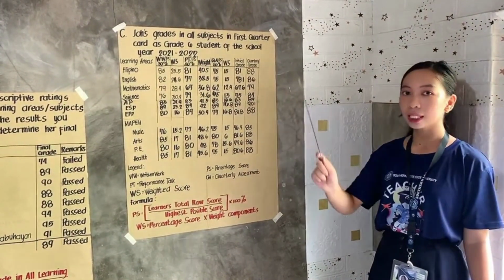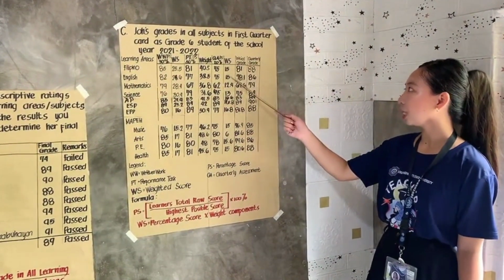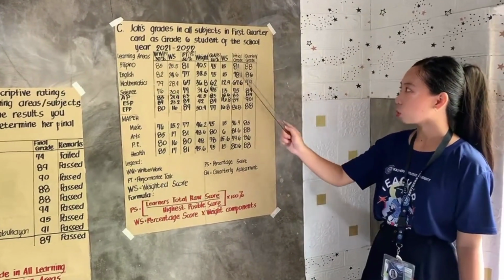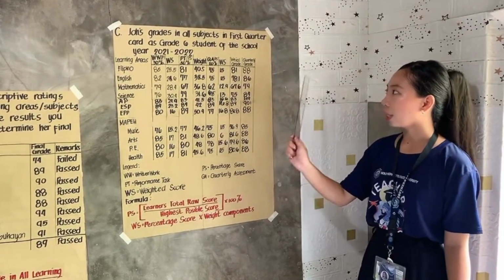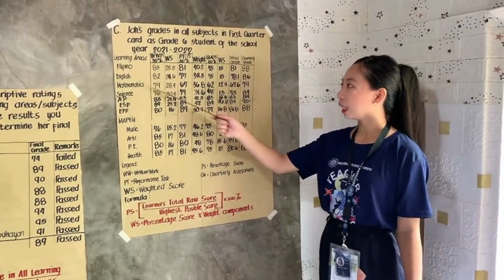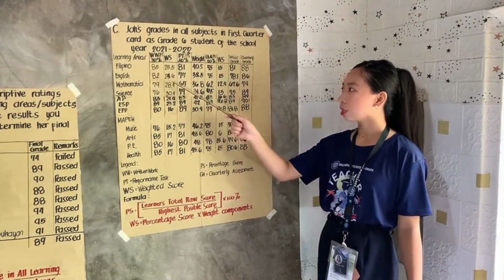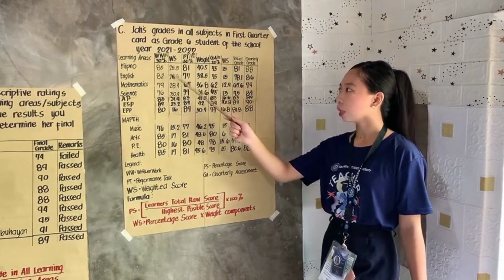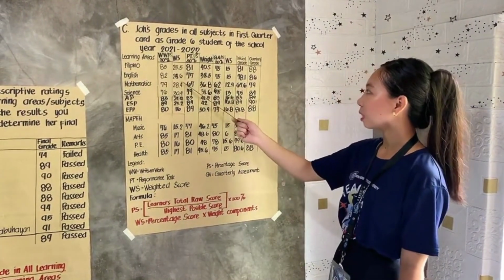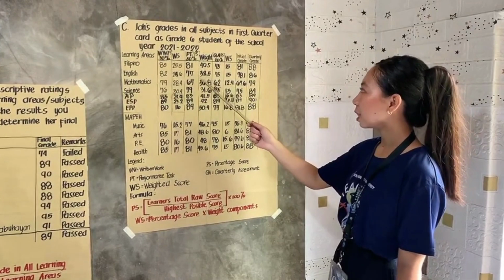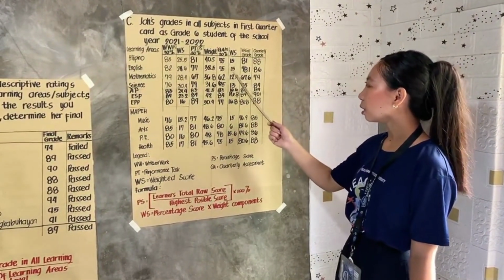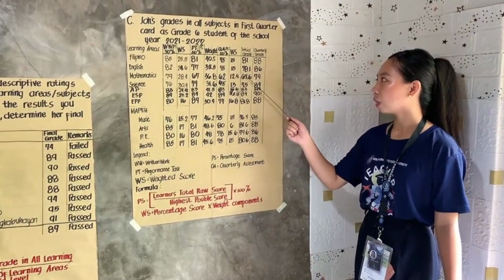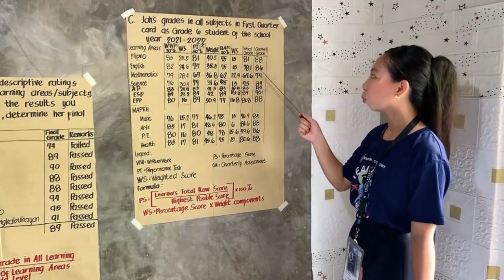In quarterly assessment, John got 15. So his initial grade is 81 if we add it all. And in English, John got the weighted score in written work 24.6, in performance task 38.5, in quarterly assessment 15. So that would be 78.1.